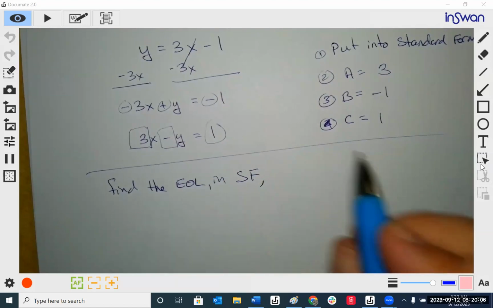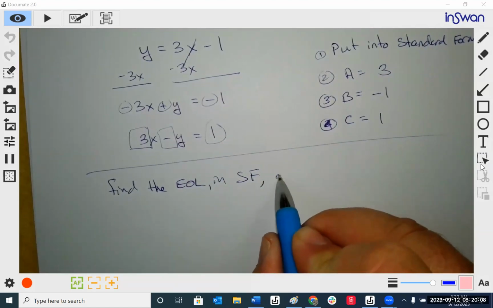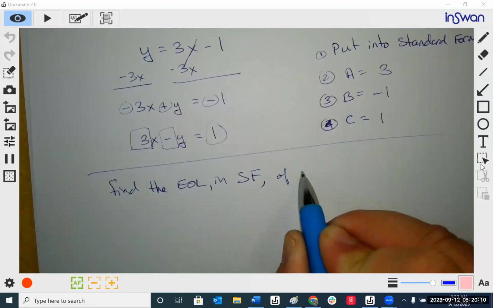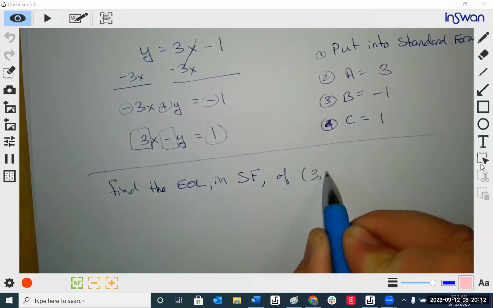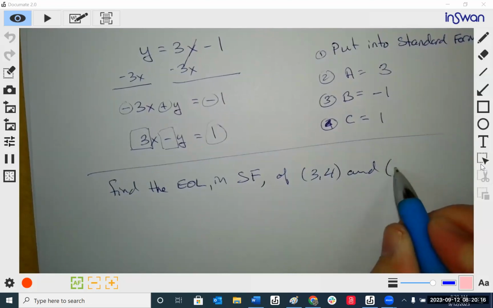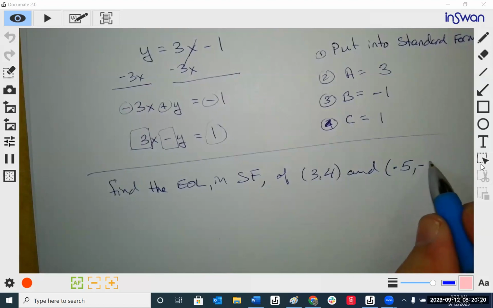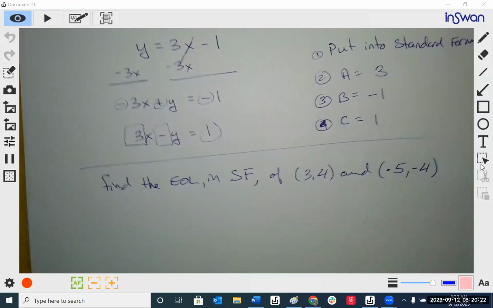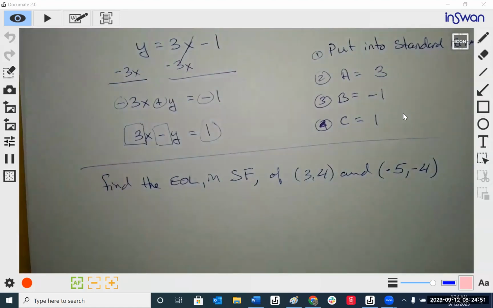Find the equation of the line in standard form of these 2 points. What's the first thing we have to do?